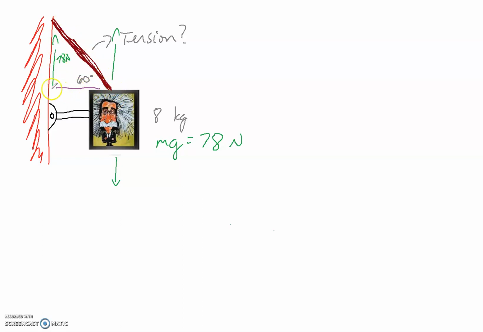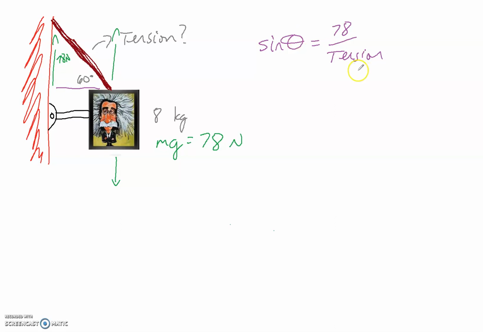There's my triangle, with a 60-degree angle, and the opposite is 78 newtons. So if I just use basic sine theta, sine of the angle, the 78 is the opposite, and the tension is the hypotenuse. Once you have that, it's relatively easy to solve for the tension in the cable.